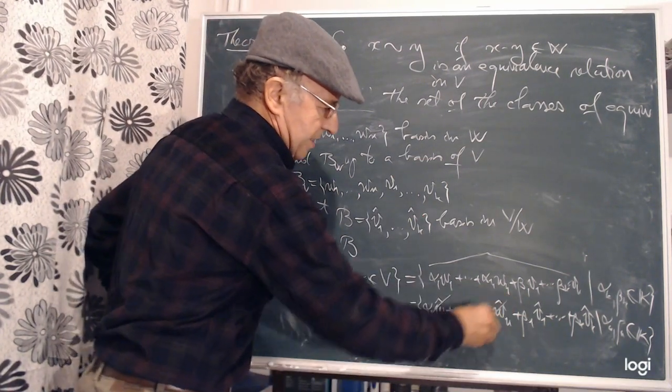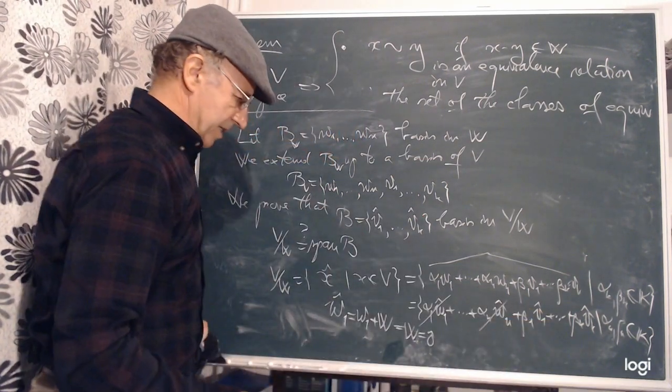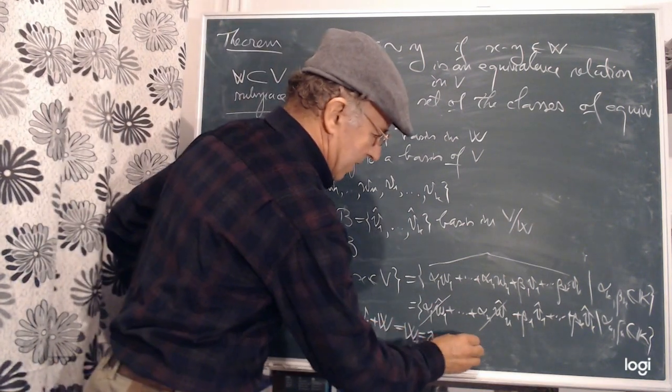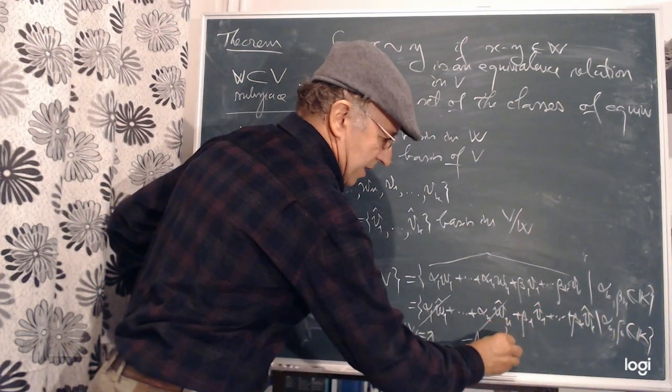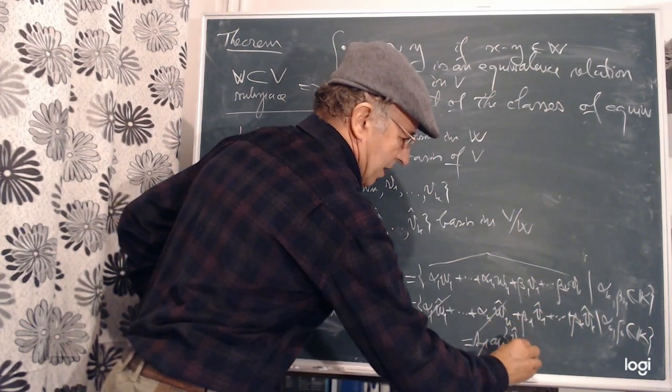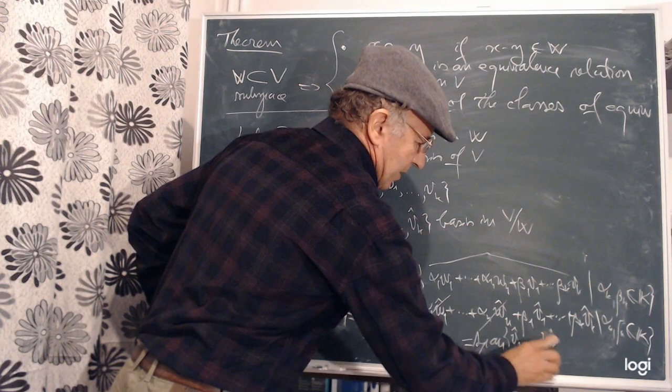So we get a linear combination only of the class of V1 up to the class of Vk.